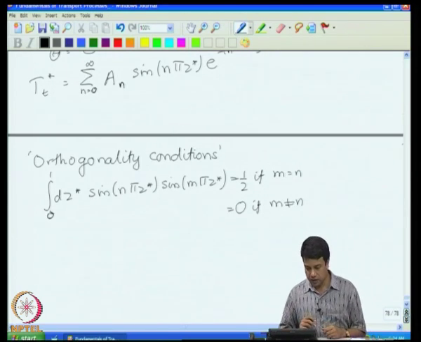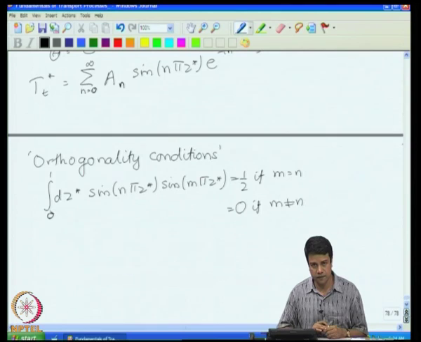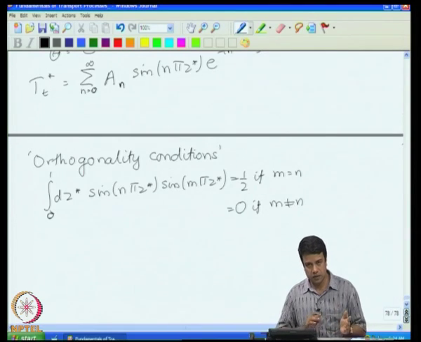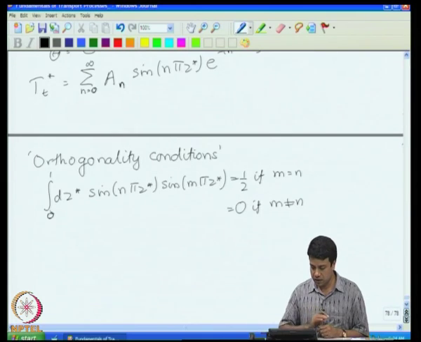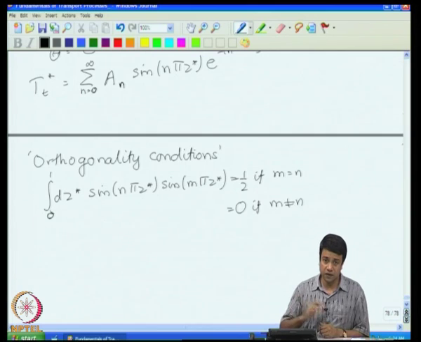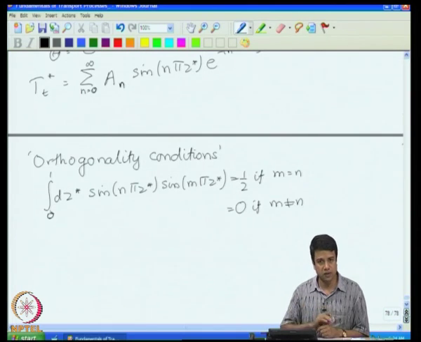If you take one function, multiply it by itself and then integrate it from 0 to 1, you get a half. If you take one function, multiply it by some other function, integrate from 0 to 1, you will get 0. So, every function when integrated with any of the other functions all the way from n is equal to 0 to infinity, it ends up being 0. How does this help us?